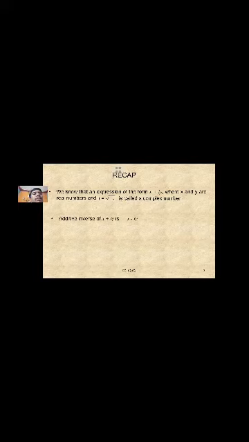Additive inverse of x plus iy is minus x minus iy. If z equals (x, y) is a complex number, then multiplicative inverse of x plus iy is (x minus iy) by (x square plus y square).